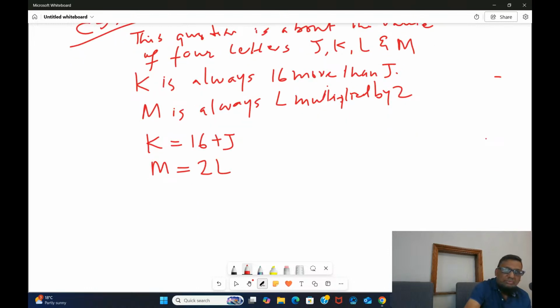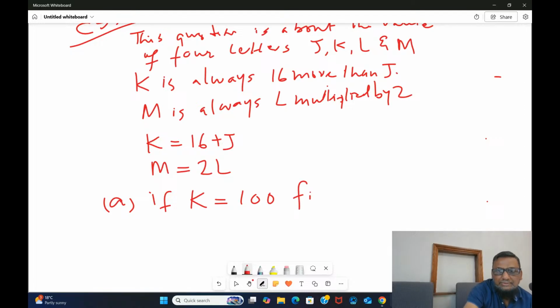Now question part A says: if K equal to 100, find J. So if K is 100, find J. Very simple.